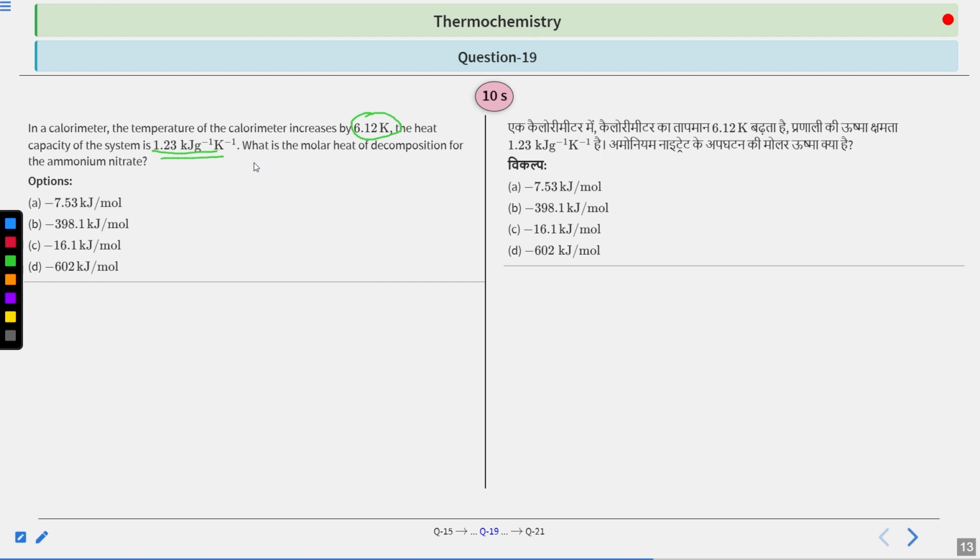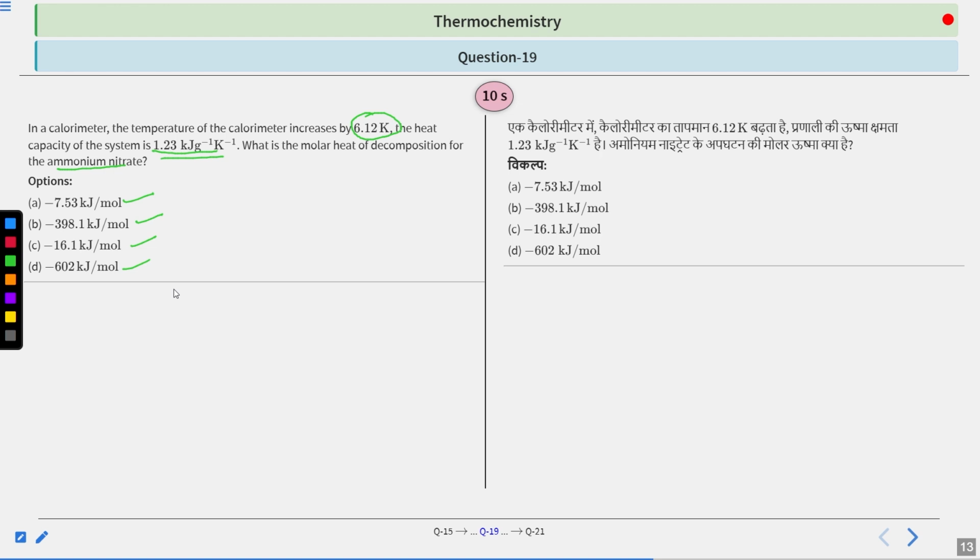What is the molar heat of decomposition for ammonium nitrate? Your options are A minus 7.53 kilojoule per mole, B minus 398.1 kilojoule per mole, C minus 16.1 kilojoule per mole, and D minus 602 kilojoule per mole.